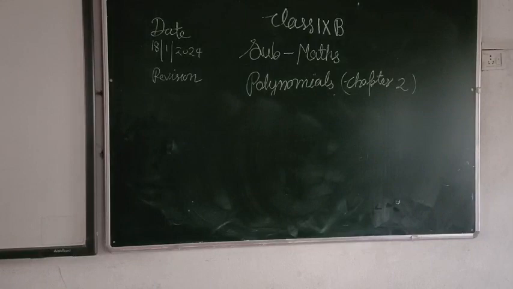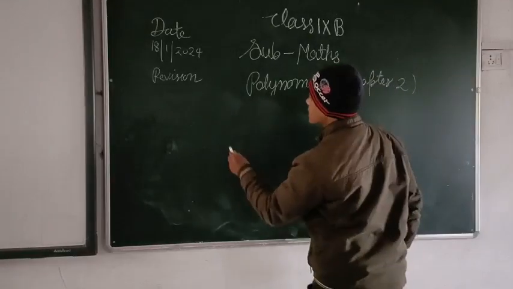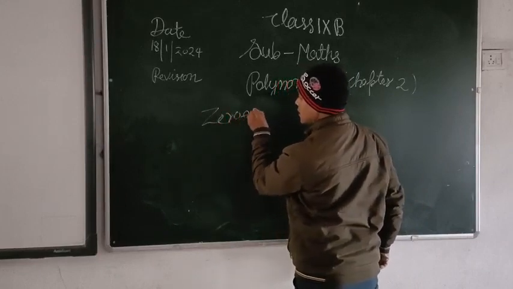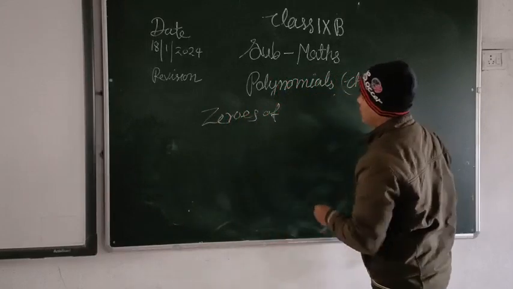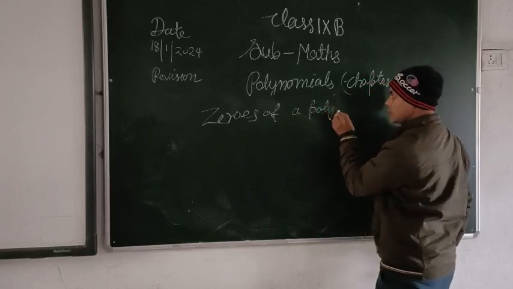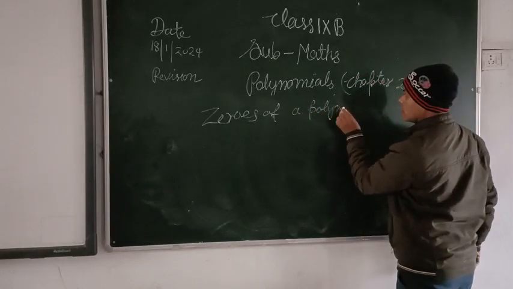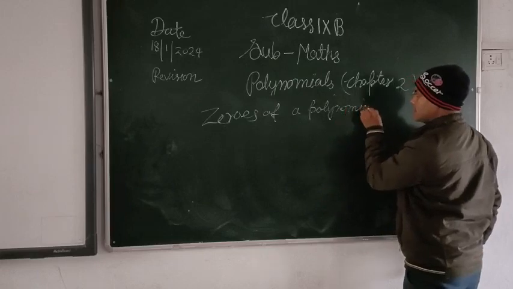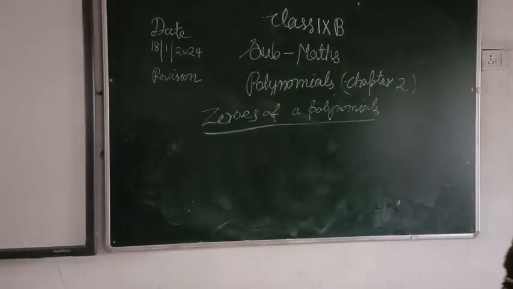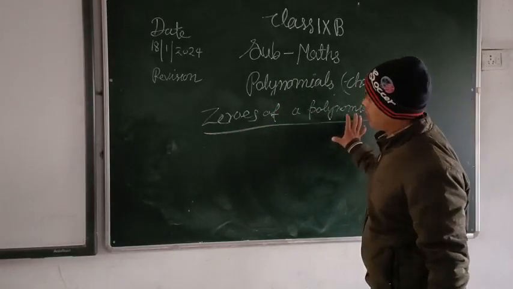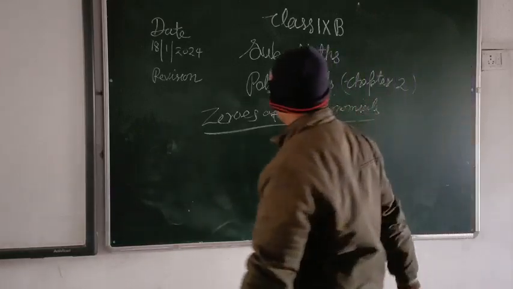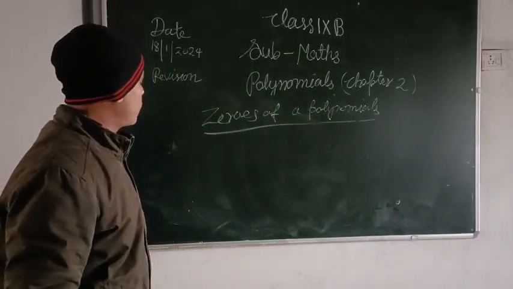Okay. So next, zeros of a polynomial. Zeros means, in another way we can say, the solution of a polynomial. By this method we can find the solution of a polynomial.